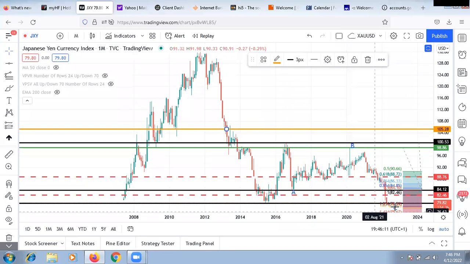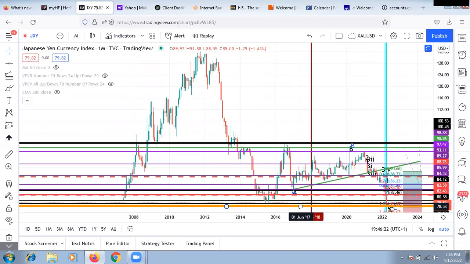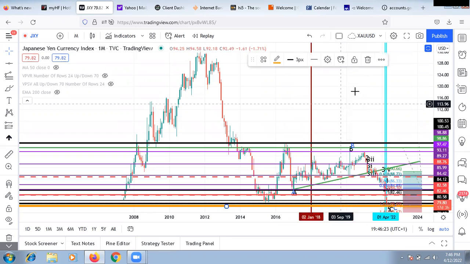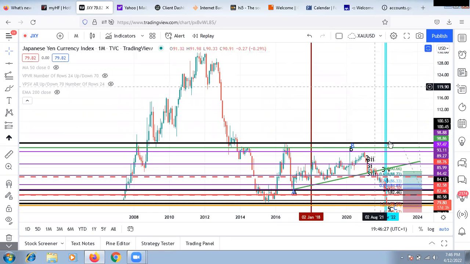So it's below the black line, which is here, and I'm going to take this to 123. This is where 123 is. Okay. So 123 is exactly here.